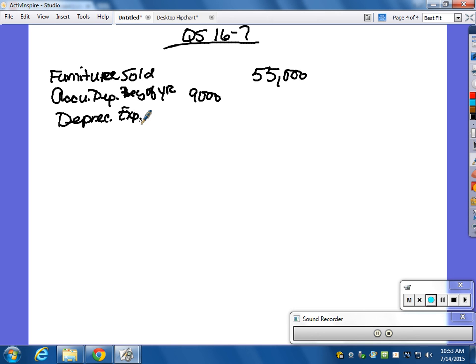That's on your income statement. 37,600. So that means expected accumulated depreciation is going to be these two added together, 9,000 plus 37,600, which is 46,600.